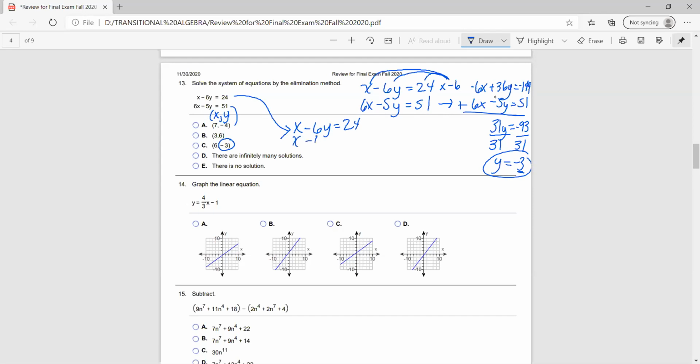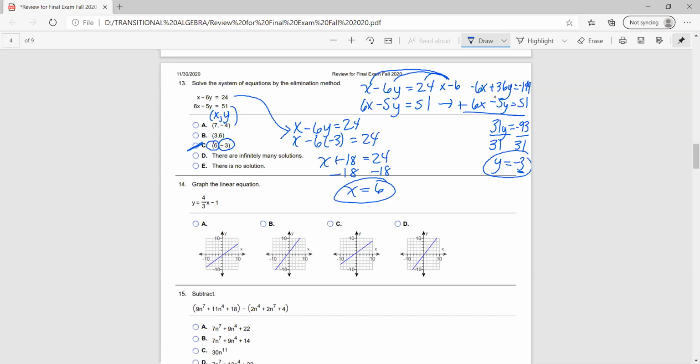We found out that y was -3, so we're going to plug in a -3 there. And then you solve for x. So -6 times -3 is +18. We subtract 18 from both sides. So x is 24 take away 18, which is 6, which is what we have right here in our coordinates. So the right answer is C.